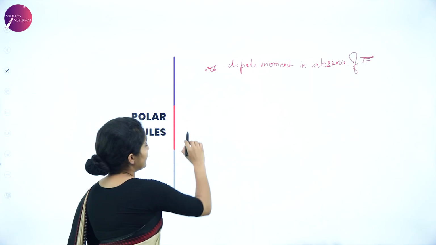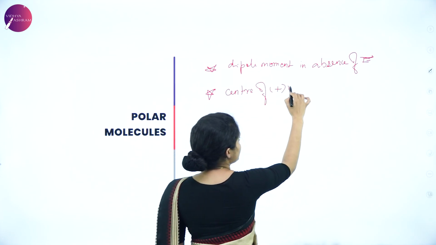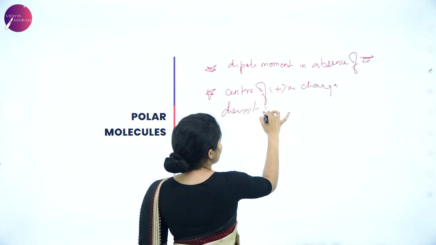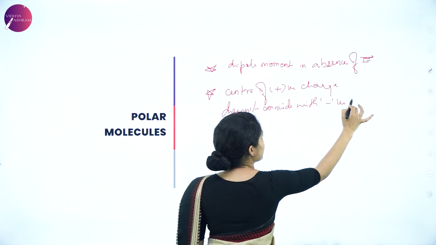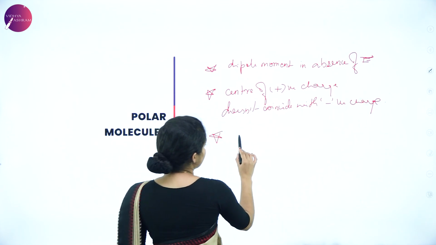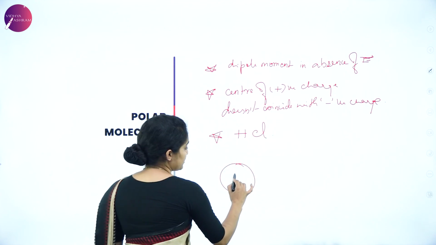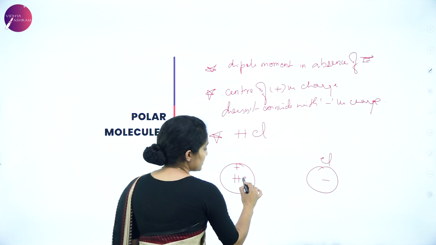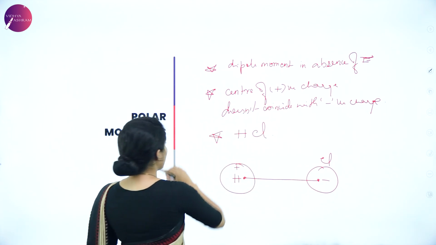The other thing is the center of positive charge doesn't coincide with the center of negative charge in case of polar molecules. An example you can give is HCl. So you have H plus here and you have Cl minus here. This doesn't coincide with this, and that is why it is called a polar molecule.